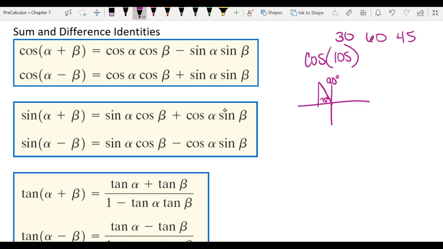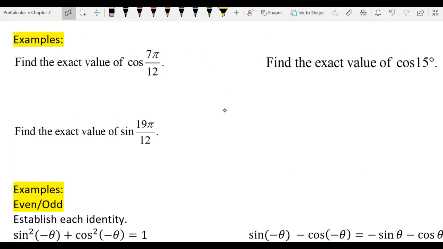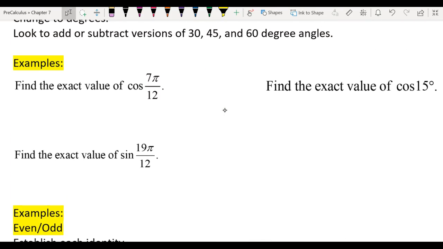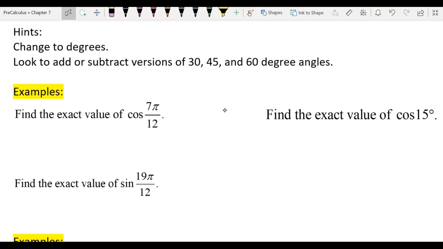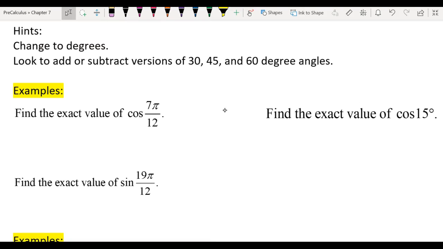Okay, so let's look at the first example. It says that I have the cosine of 7 pi over 12. If you look at the directions above, the hints say change it to degrees. A lot of people find it easier to look at degrees with adding and subtracting than the pi, the radians, okay?